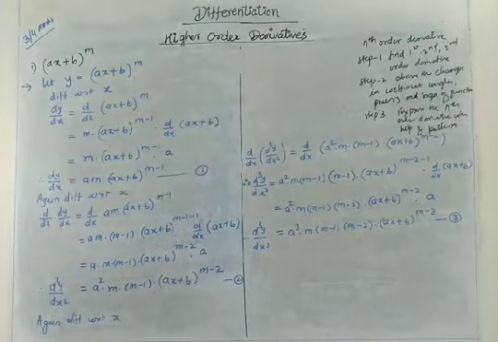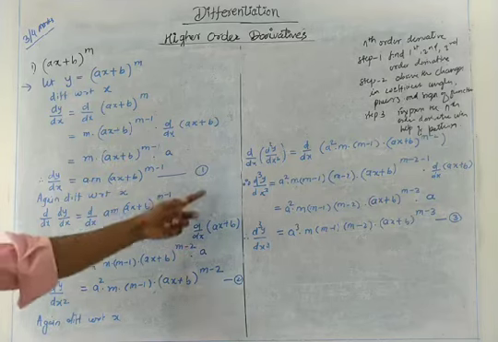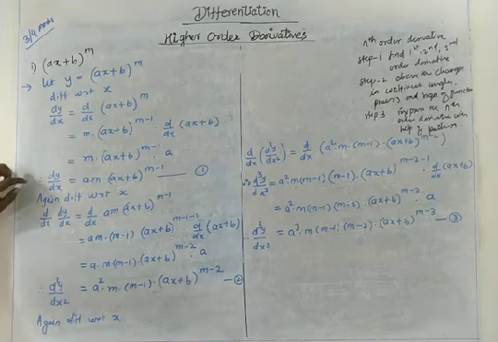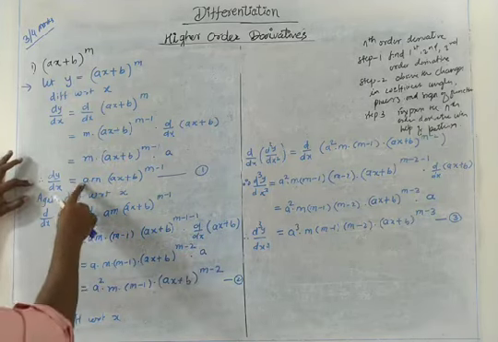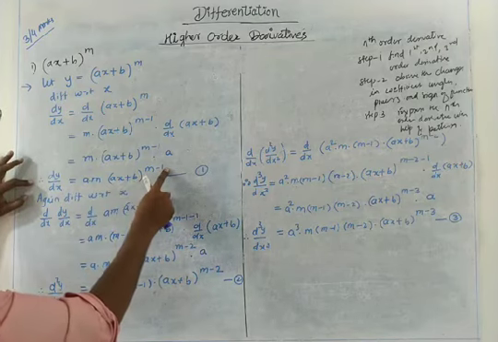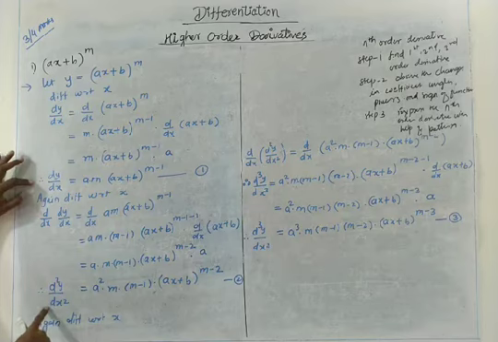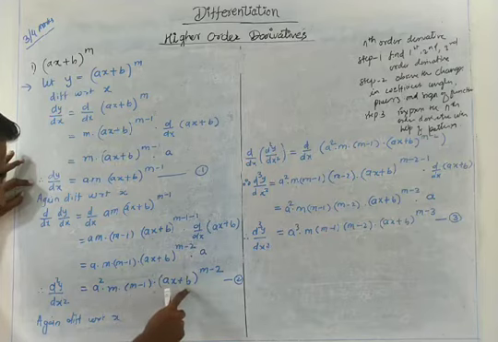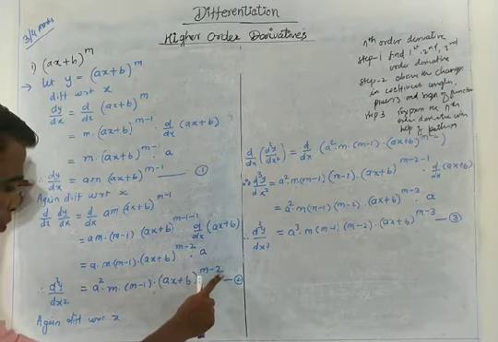Okay, so see the pattern of the solution from equations 1, 2 and 3. When you have the first derivative, you have a m into (ax + b) raised to m minus 1. When it is the second derivative, you have a square m into m minus 1 into (ax + b) raised to m minus 2.